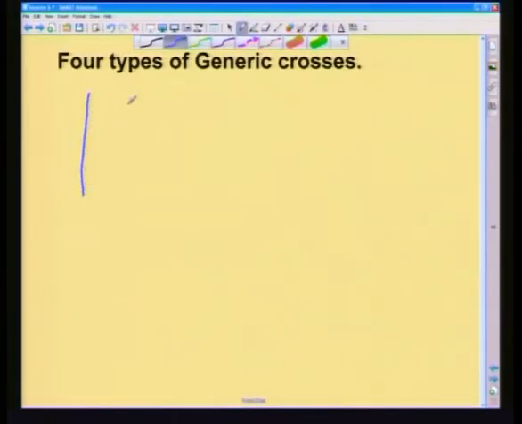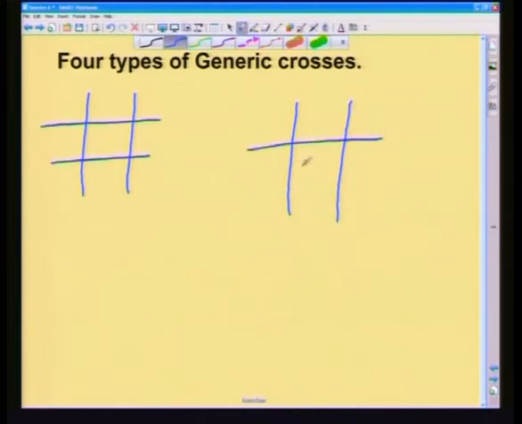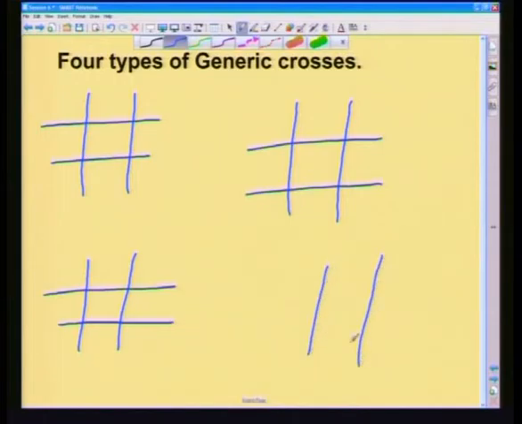There really only are 4. We've done them, but we'll go through them again. I'm just doing this very basically, not putting in genes and gametes and meiosis and all the rest of it, but these are your 4 basic crosses.